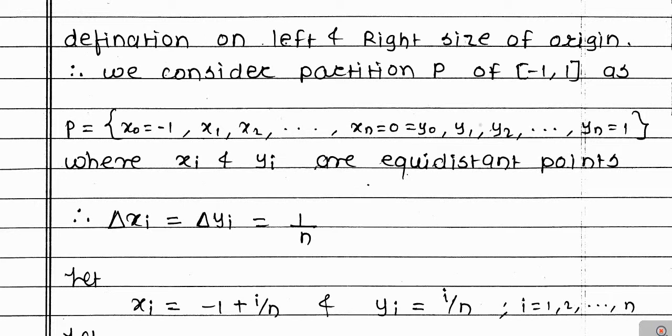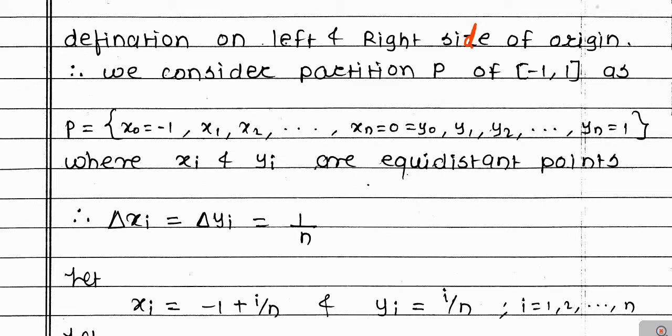Therefore we have to consider the partition P in such a way that in the first part we consider partition points from minus 1 to 0, and in the second part partition points which lie between 0 to 1.